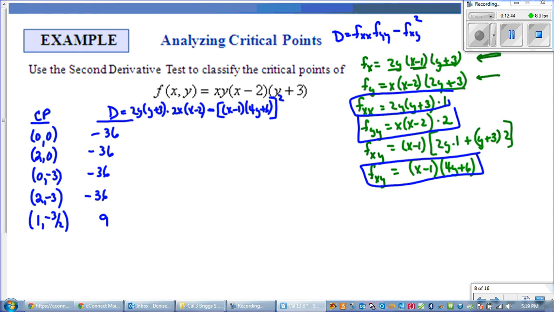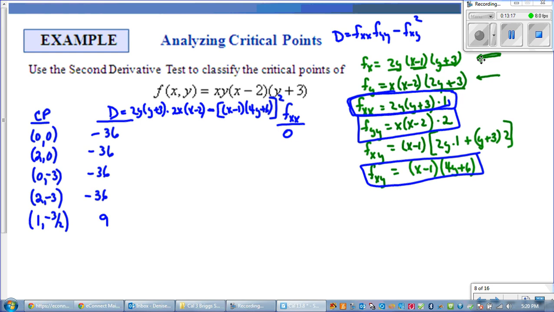Now, once you determine that discriminant, if it's positive, then we'll have a maximum or minimum depending on the sign of f sub xx, the second derivative of f. So we'll next need to determine that. Okay, now at the point (0, 0), I'm just evaluating this function at the point (0, 0) would be 0.